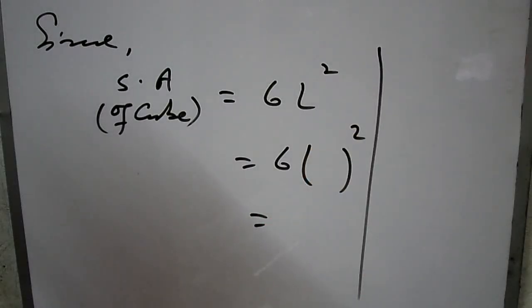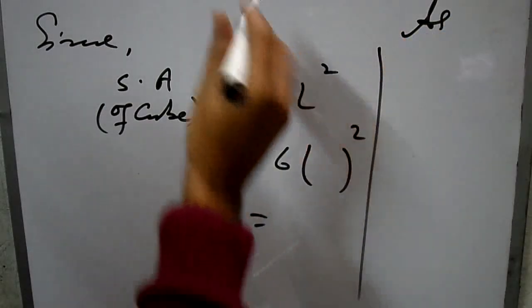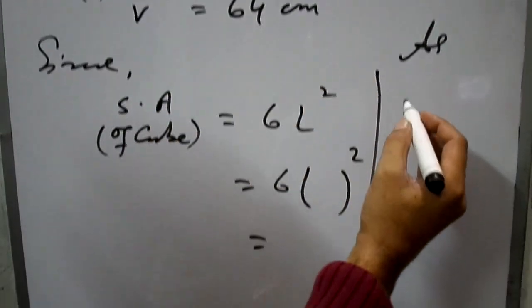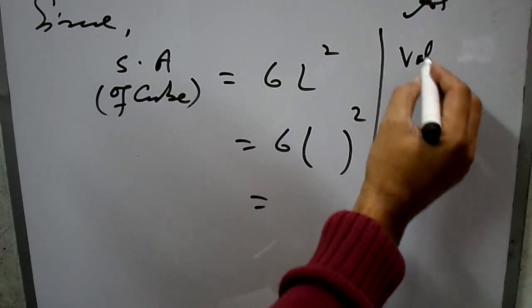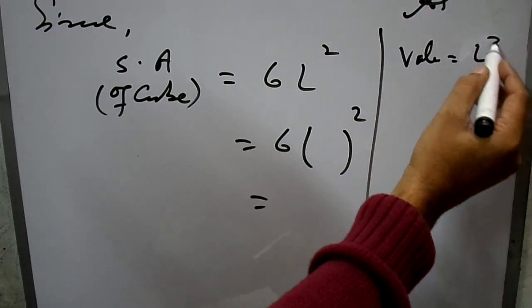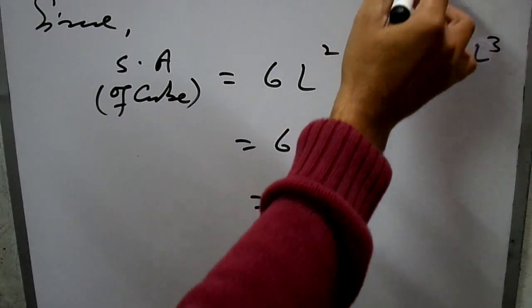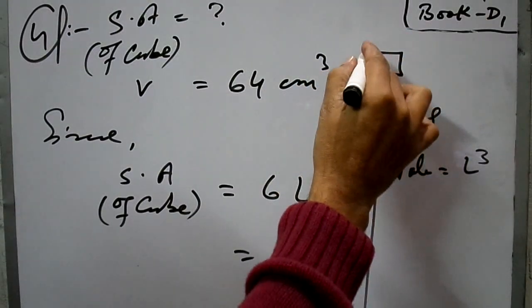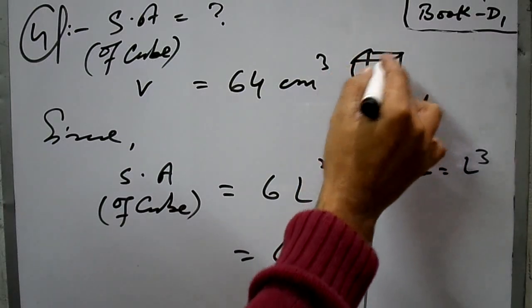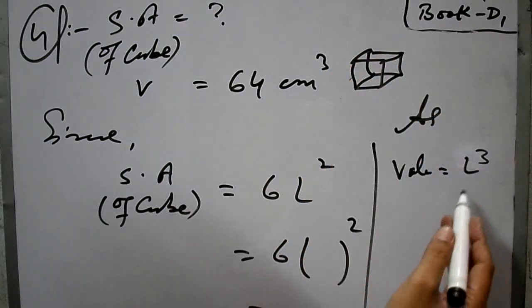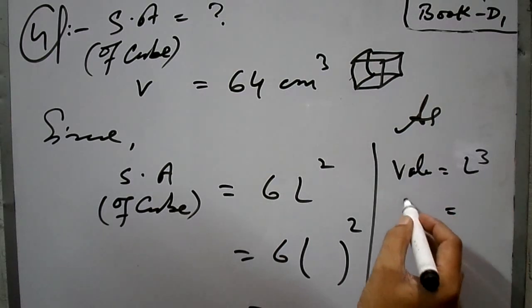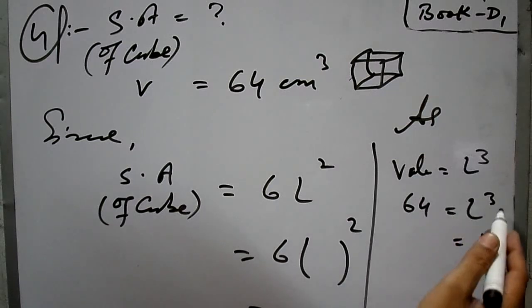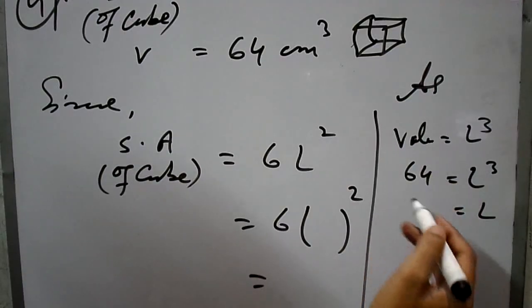But as you know, we don't have any length here, but the volume is given to us as volume is equal to L cube, because a cube has equal sides, so the formula is L cube, so volume is 64, that is L cube, but you need L, so taking cube root both sides.